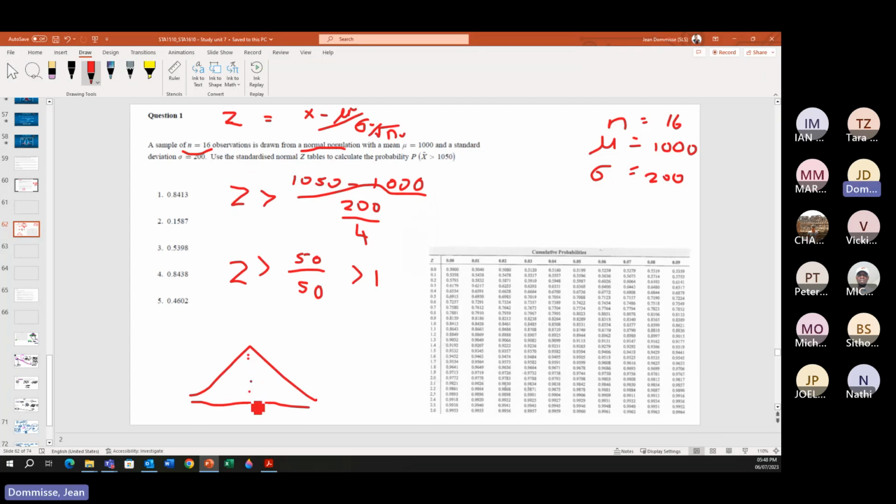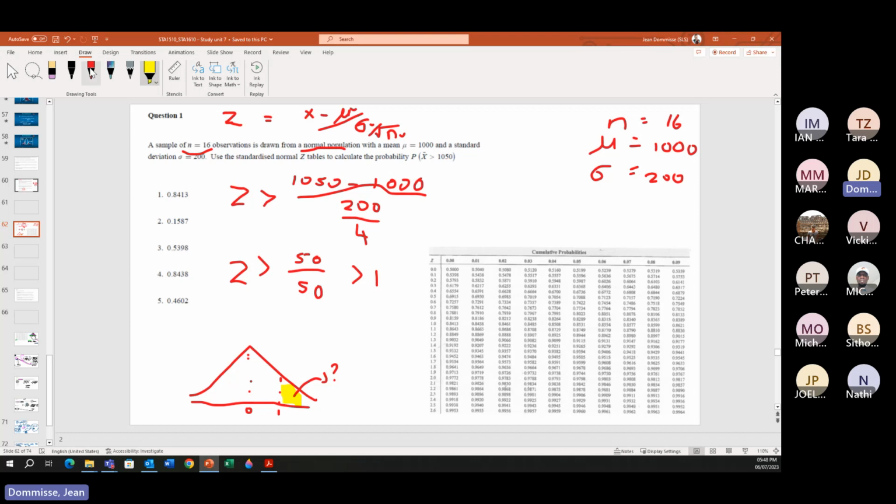That is normally the 0. So if Z is, say, equal to 1, we know that, and we're looking for that area. Remember, Z bigger than 1. So we're looking for that area.